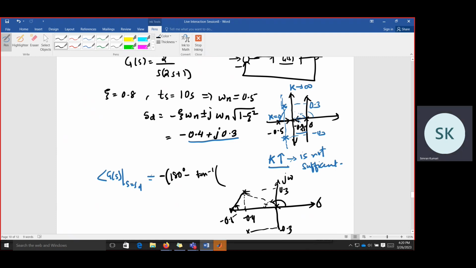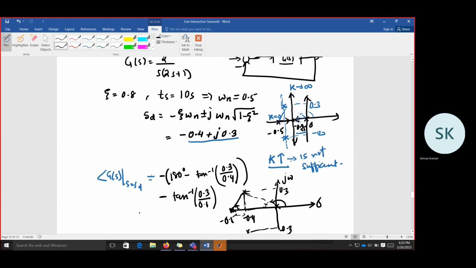So this angle will be 180 minus tan inverse of this perpendicular by this base, so 0.3 by 0.4. This is the angle contributed by this pole, and then there is another angle contributed by minus 0.5, which is tan inverse of this perpendicular, 0.3, and this distance, which is 0.1.